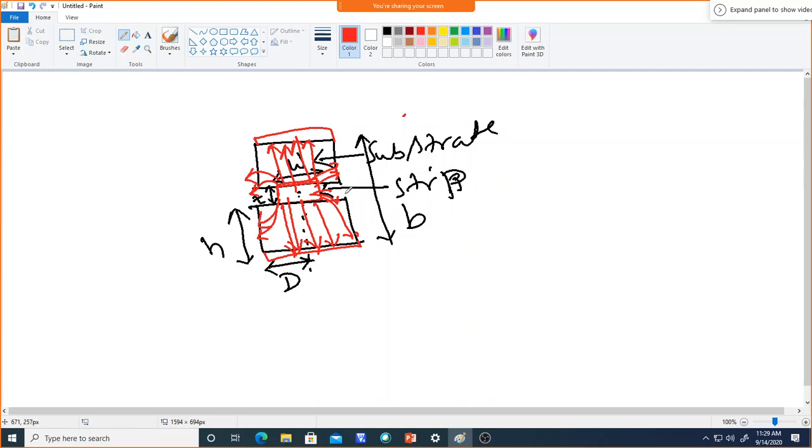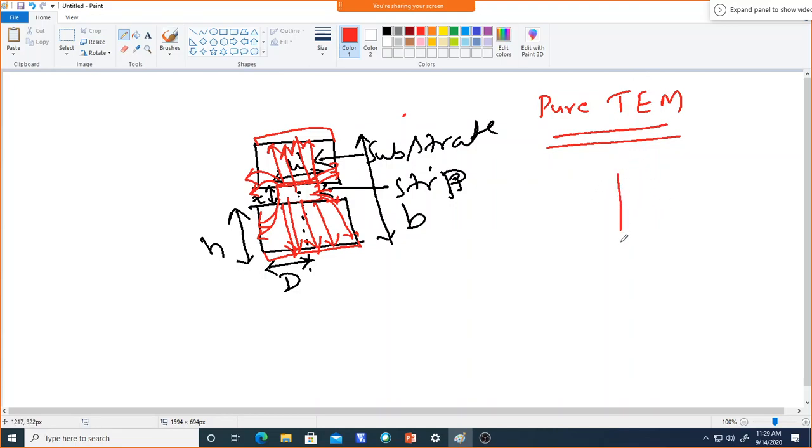So this is how the field is formed, and since the conductor is in between the two substrates, it will exhibit pure TEM waves. So what is TEM? TEM is transverse electromagnetic.